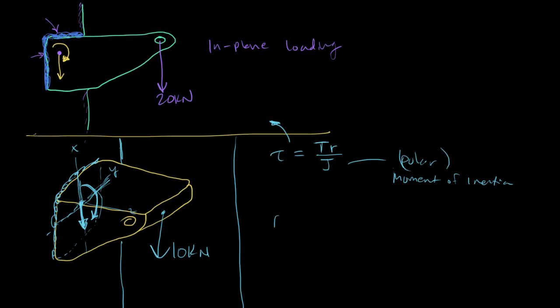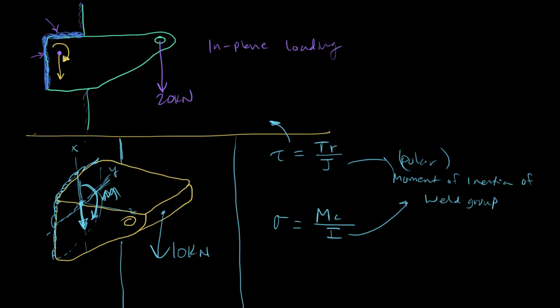And we have to find the bending stress sigma due to the bending moment, and that's just the bending moment times the distance from the neutral axis over I, the moment of inertia of the weld group. We're going to have to explain this a little bit better.